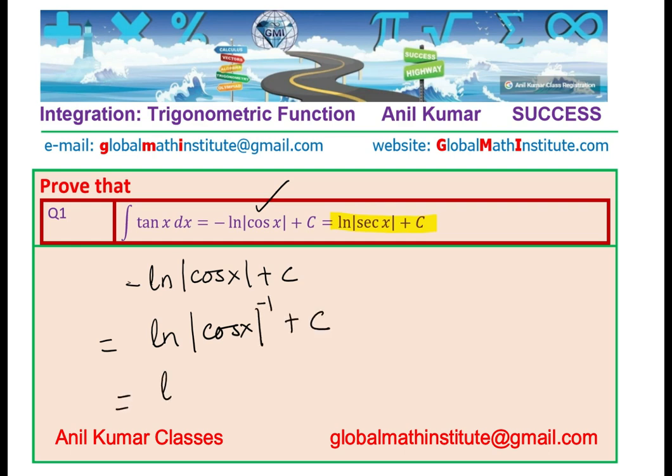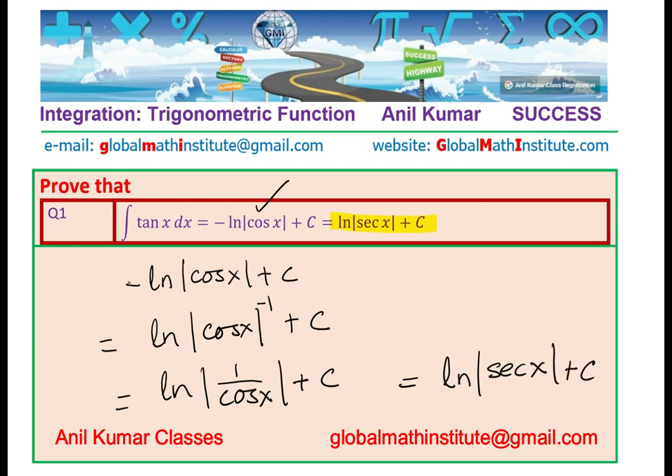And 1 over cos x, as you know, is what, right? 1 over cos x is secant x, right? And therefore, we get our result, which is ln absolute value of secant x plus c. Right? So it could be written in either form, right? So I hope this is absolutely clear.